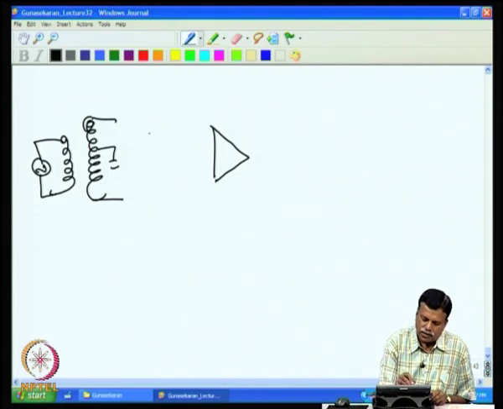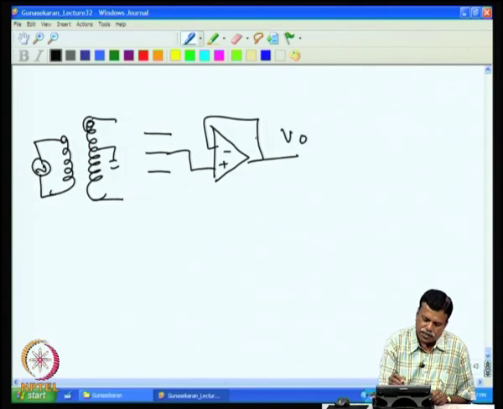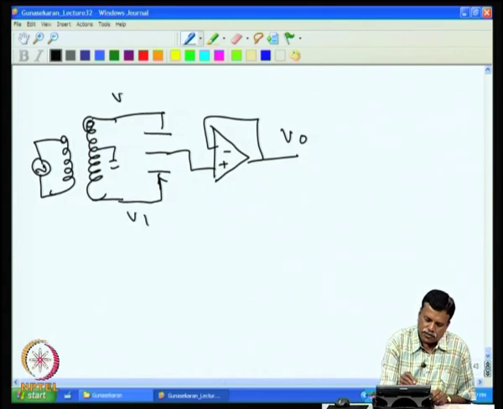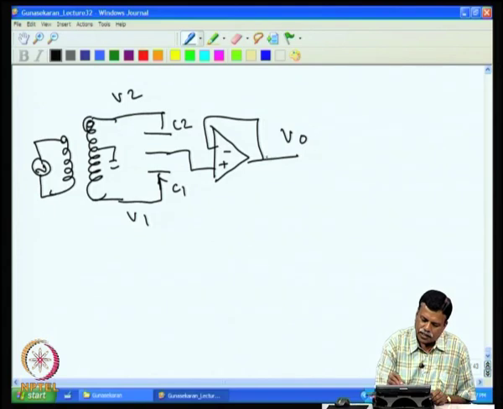So, for space variation I will put the 3 plates, then I connect one of them here, and that is the output voltage. If needed, gain also can be given. So, I can connect one of them here and another one here. So, this is actually V1, V2, and then C2, C1 can be taken, and the output is V0.